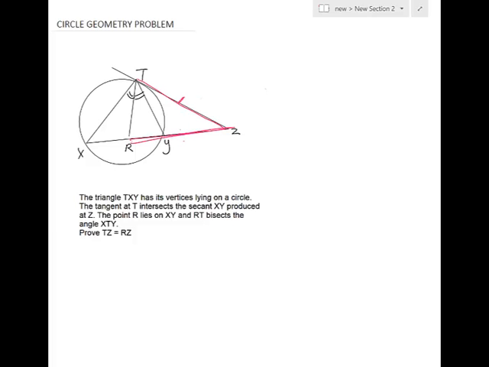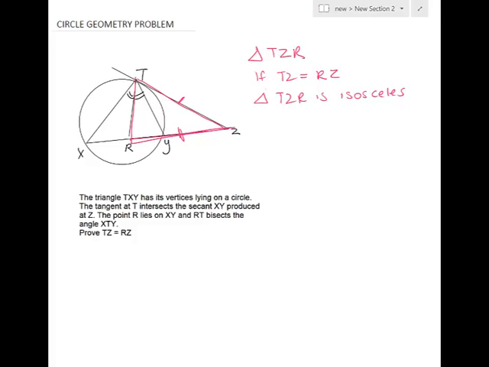So let's prove that. If we were to prove that these two sides are the same, let's look at triangle TZR. If TZ is the same as RZ, then triangle TRZ is isosceles. That's probably the direction we want to take in solving this circle geometry question.